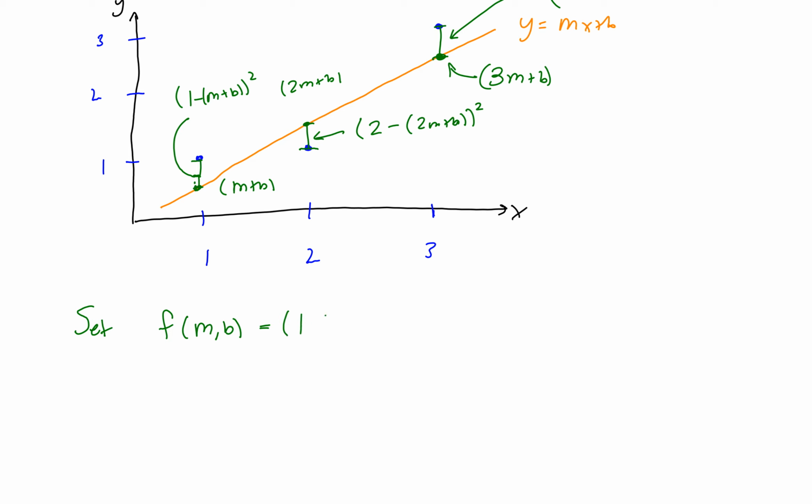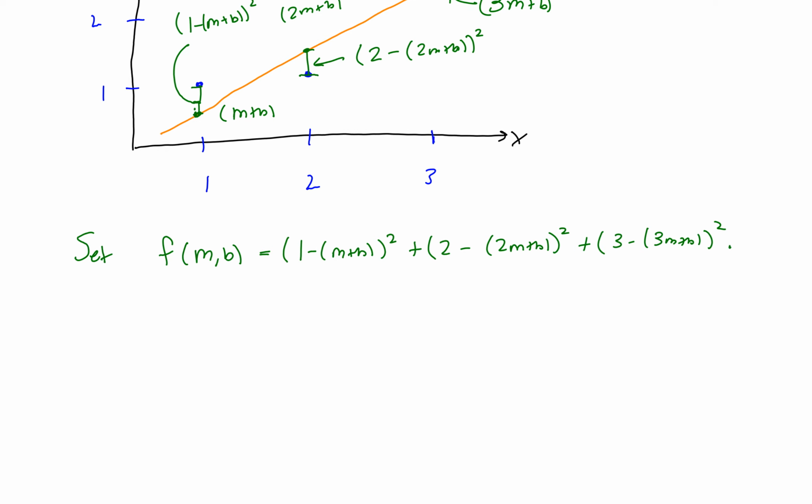So we can set f of m, b as 1 minus m plus b squared, plus 2 minus 2m plus b squared, plus 3 minus 3m plus b squared. So that's the sum of the squares of those distances, and we want to choose m and b that minimize f of m, b, because that's minimizing the errors, picking our line so that it minimizes the error here.